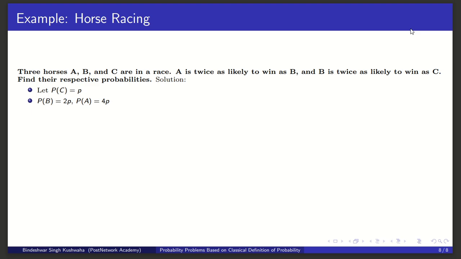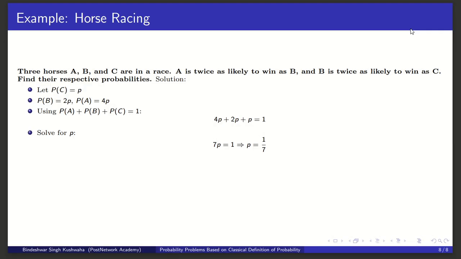Now these are probabilities, so if you add them, that should be 1. So 4P, 2P and P, that sum would be 1. And if you solve, you will get P as 1 upon 7. And just plug in all the values. So probability of winning A would be 4 upon 7, probability of winning B would be 2 upon 7, and probability of winning C would be 1 upon 7.